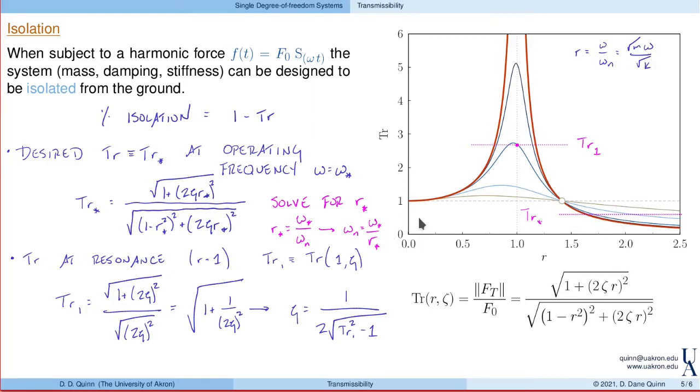Instead, it starts off at rest. So in order to get from rest to our operating speed, that angular speed of the machine begins to increase, which implies that R increases.